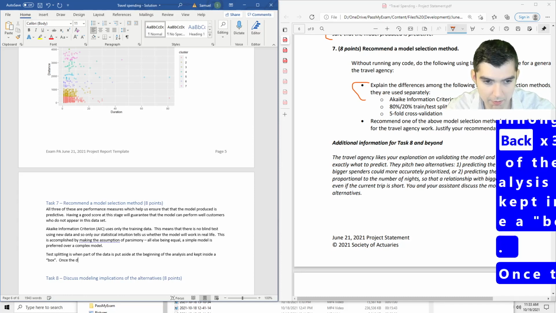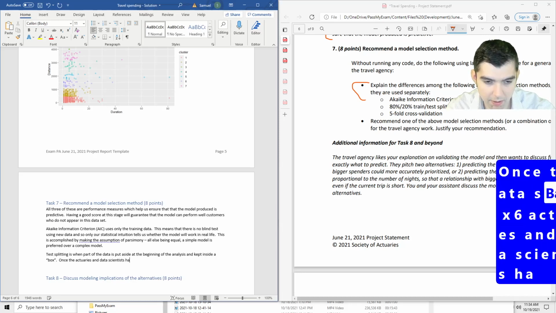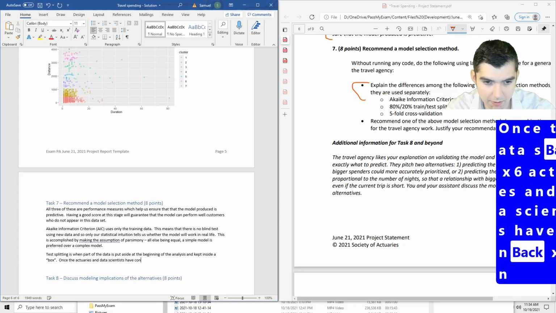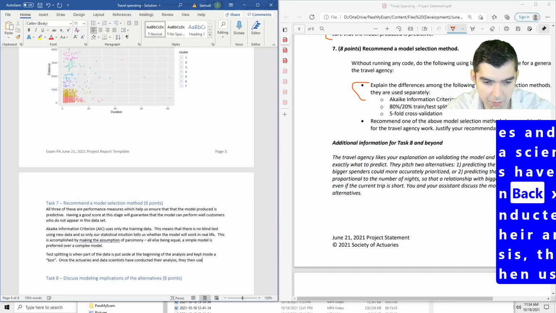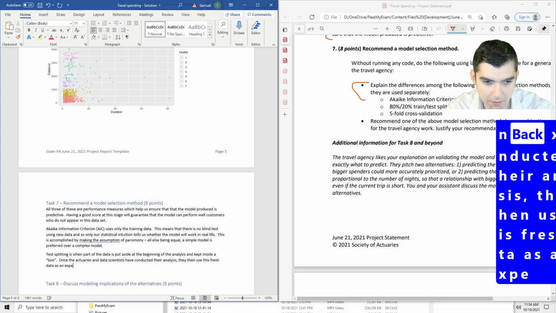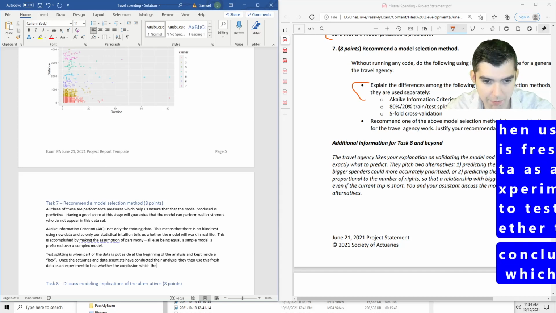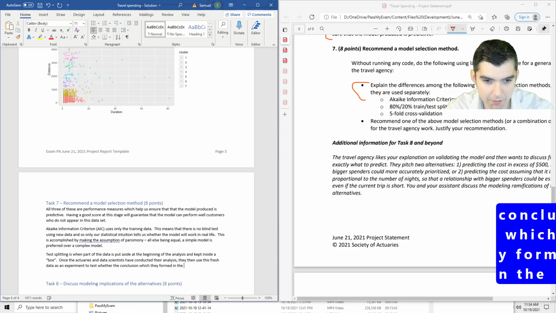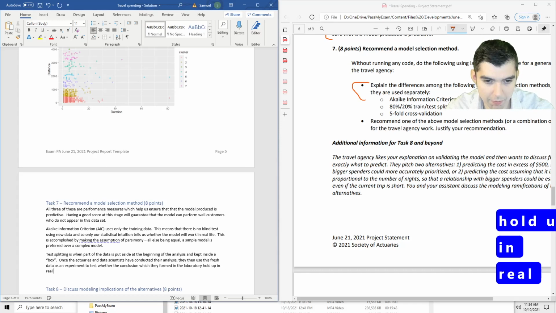Once the actuaries and data scientists have conducted their analysis, they then use this fresh data as an experiment to test whether the conclusions which they formed in the laboratory hold up in real life.